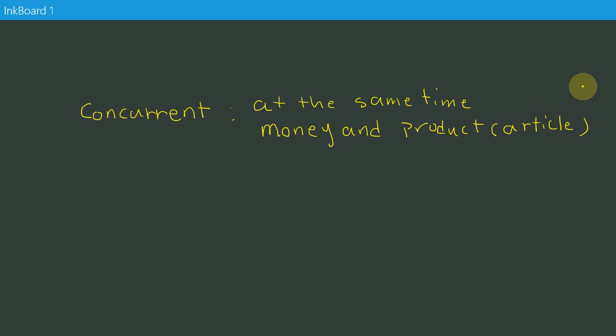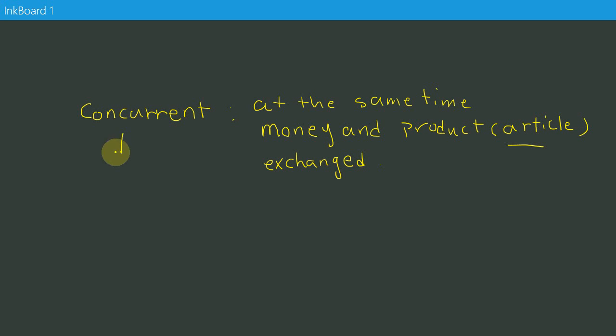So later on, hereafter, I might use article instead of product. The article is more familiar. I hope you don't get confused between product and article. So concurrent: at the same time, money and product exchange. I'll show you the example of COD and CAD.